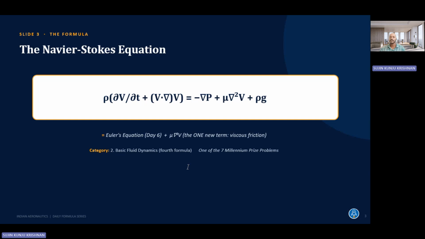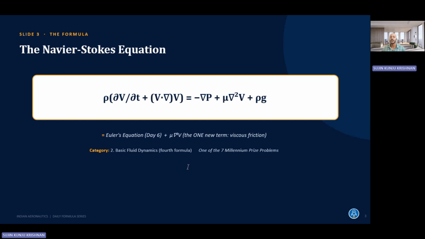So here is the equation: rho times partial v partial t plus v dot grad v equals negative grad p plus mu grad squared v plus rho g.